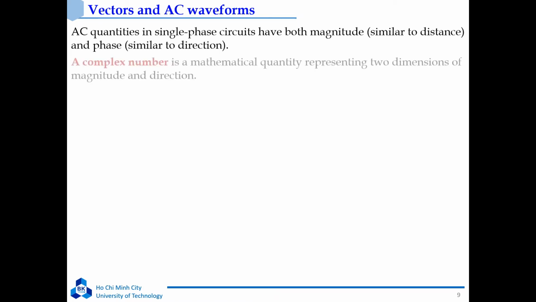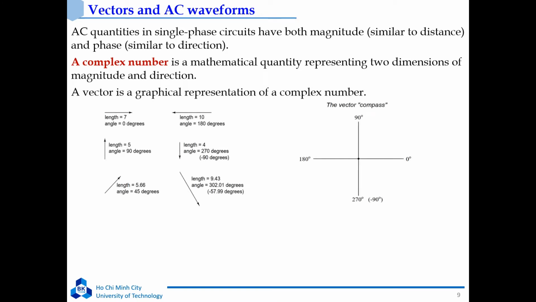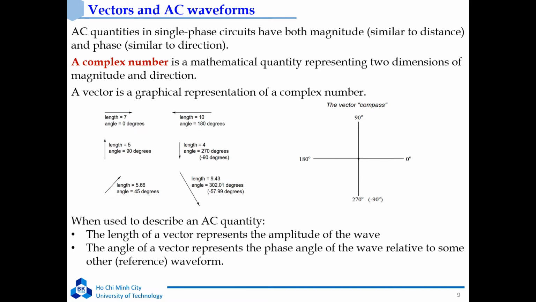A complex number is a mathematical quantity representing two dimensions, magnitude and direction, and we can use a vector to show the complex number. When used to describe an AC signal, the length of the vector shows the amplitude of the wave, and the angle of the vector shows the phase angle of the wave relative to another waveform.